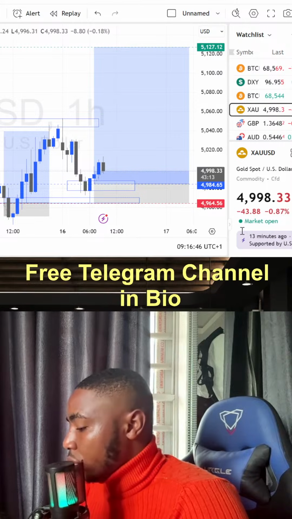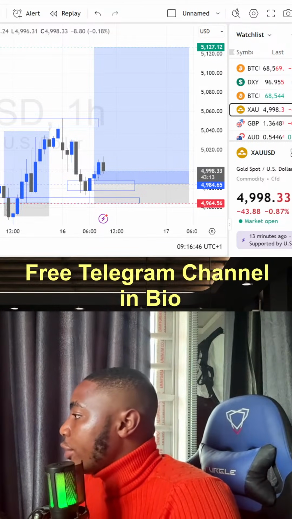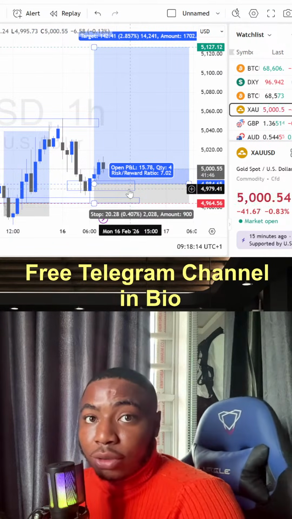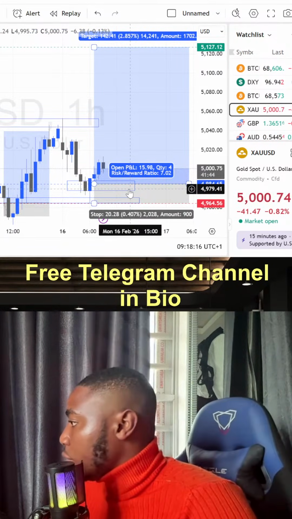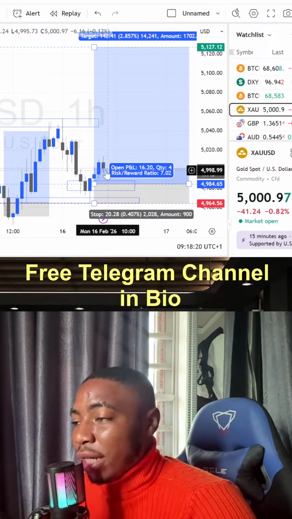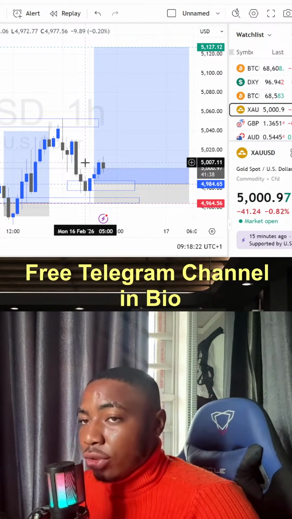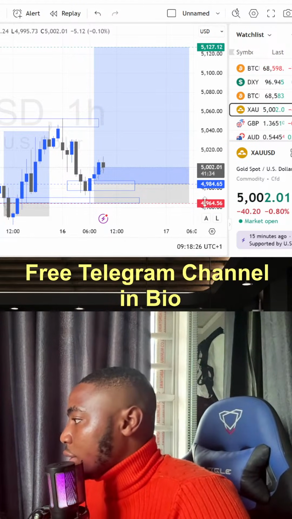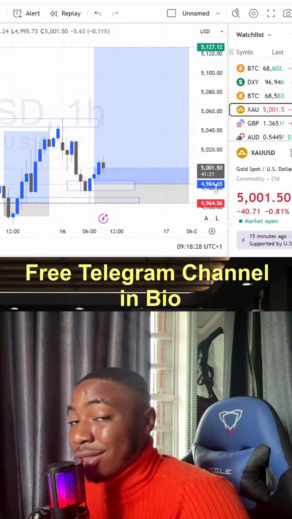Welcome to today's live. We're currently buying gold. We made entry on 85, and gold is trying to retrace back into that zone. The zone is still valid for re-entry in case it comes back there. You can see the entry on 84.65.